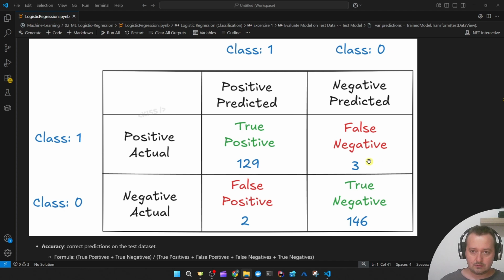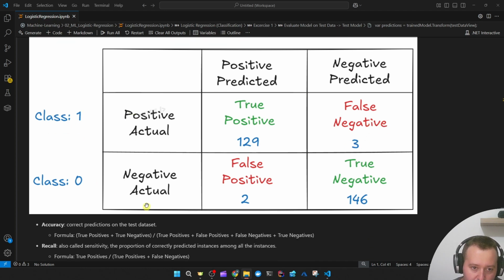Let's say it predicted for 3 people that they are class 0. Wait, so it predicted 0, meaning they're not probable to have heart disease, but it was actually class 1. They actually do have a heart disease. So that's the 3 mistakes here. Then negative actual and positive predicted. So true positive, false negative, false positive, true negative. So this diagonal, those are the correct predictions and those are the mistakes.